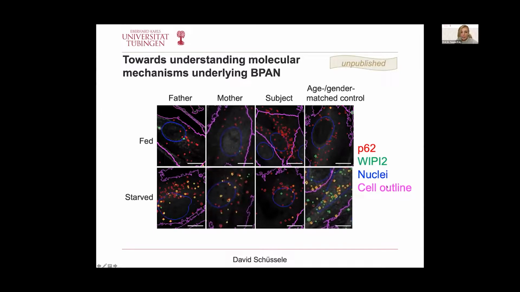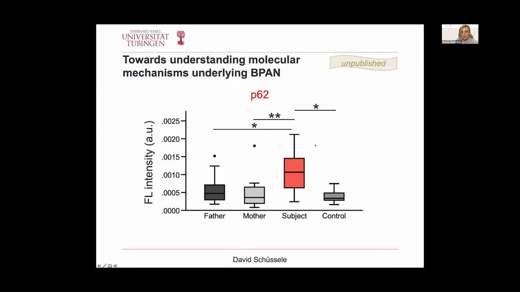In the quantification here, you can appreciate that P62 is accumulating in the subject. This is indicative for a block in the autophagic flux. So not only the accumulation of early membranes, but really a block in the flux.